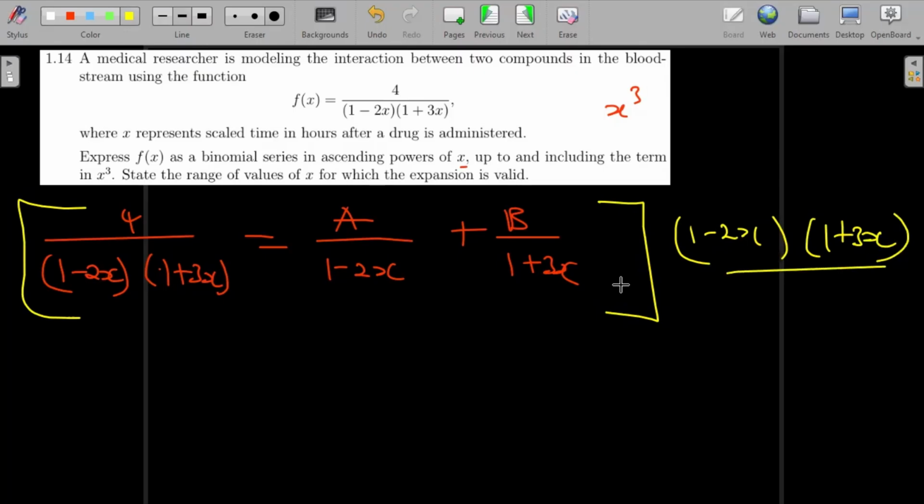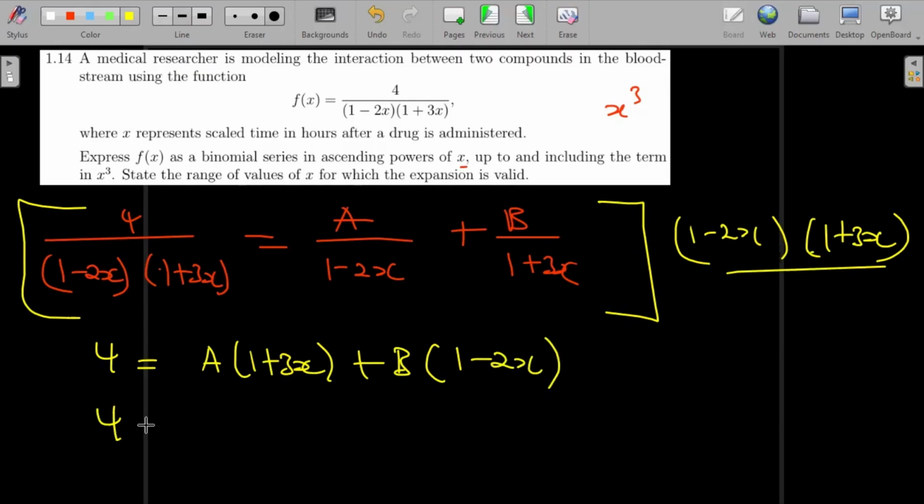If I multiply this with this, the whole denominator cancels out, so I'm remaining with 4. If I multiply this with this, the 1 minus 2x will cancel, so it will be A multiplied by 1 plus 3x, plus B. If I multiply this and this will cancel, so I remain with B times 1 minus 2x. Okay, so 4 is equal to A plus 3Ax plus B minus 2Bx.